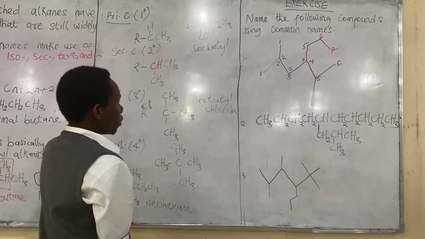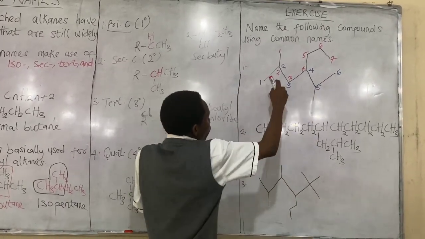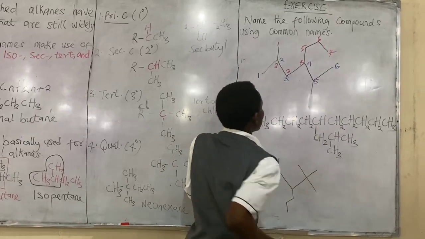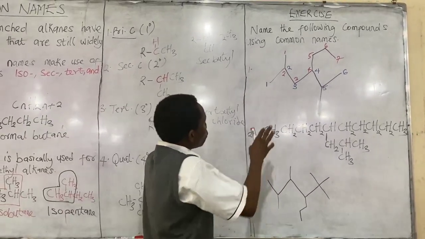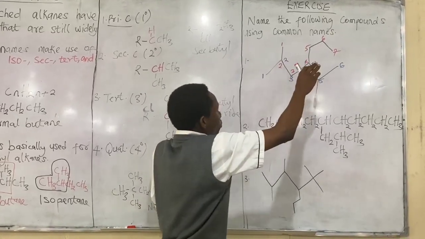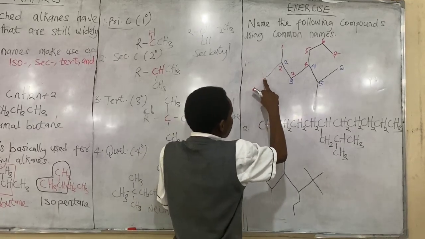Wow. If we number this way, we get 6 carbons, while if we number this way, we get 7 carbons. Therefore we are going to use this other way because it is giving us the longest chain.